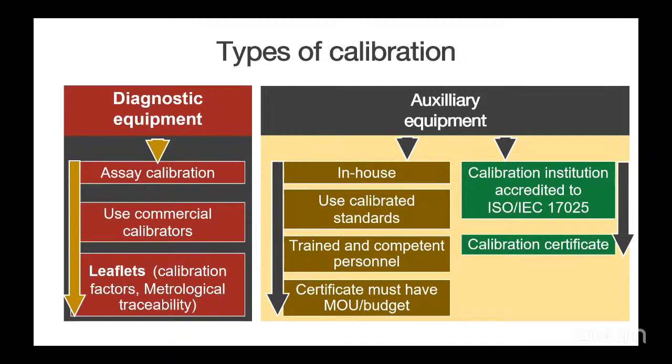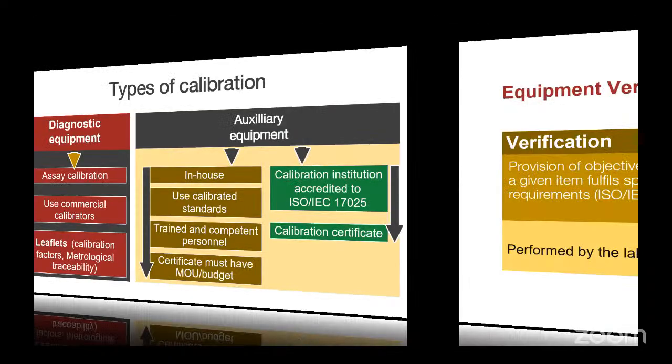If you use equipment and you see the calibration certificate has expired, it's a non-conformity. Because, for example, that pipette you are using now, how do you know that pipette is pipetting the exact volume? A lot of us, in some of our facilities, we don't even calibrate some of these things. Some of us do. So those auxiliary equipment have to be calibrated.